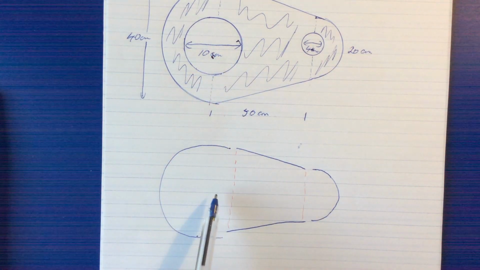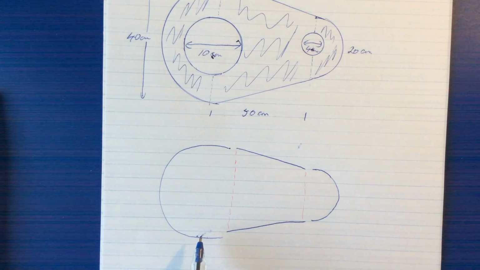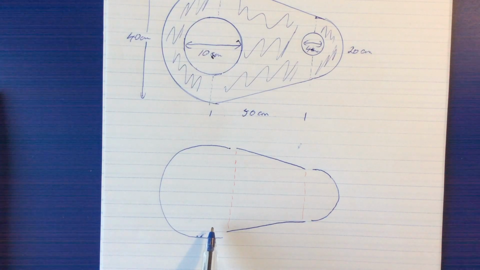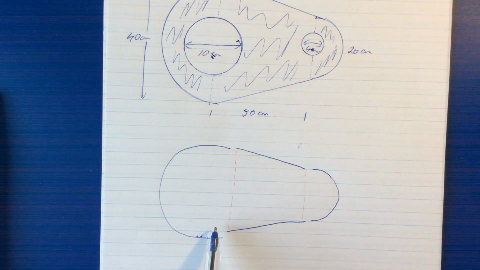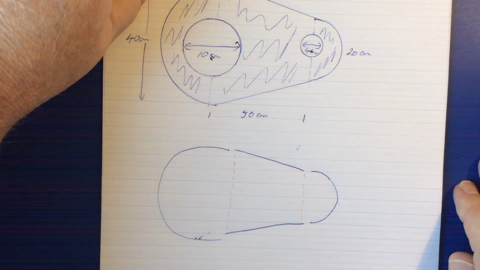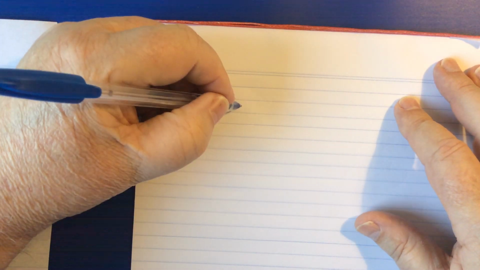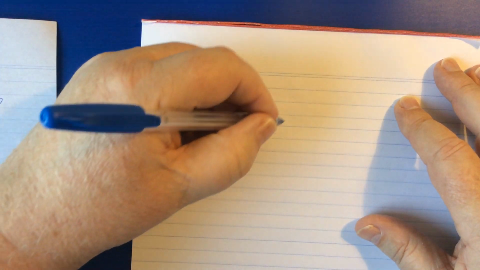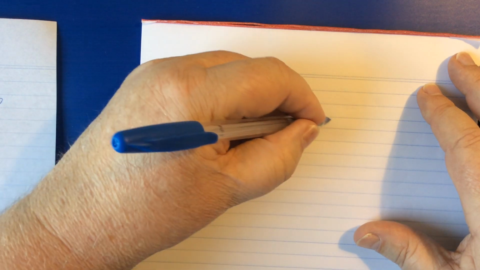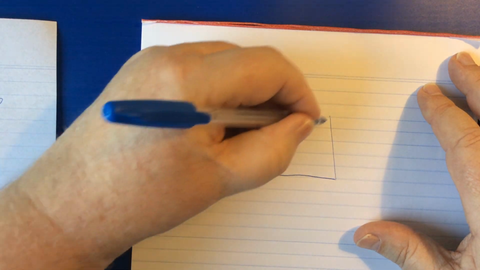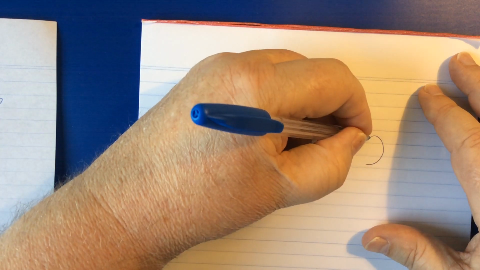So the first thing we're going to do is work out the area of this. I'll take a blank piece of paper and go to work, and take a look at the shapes that we've got.